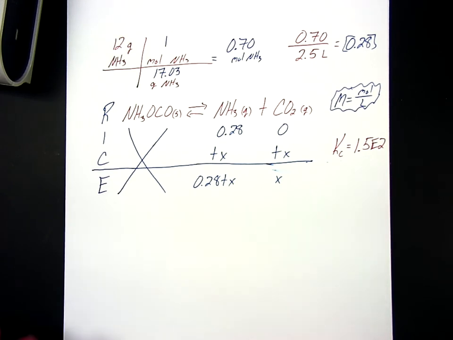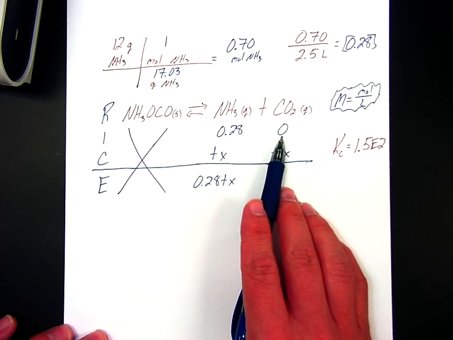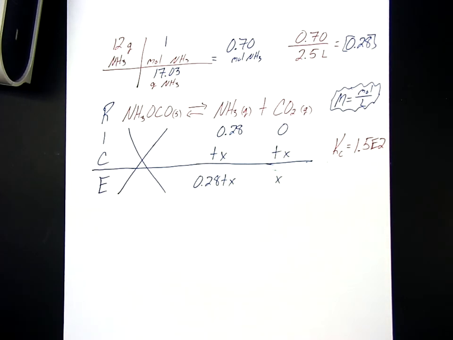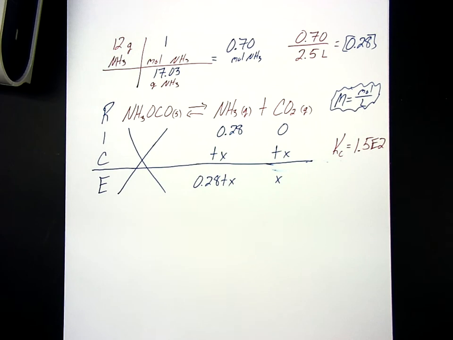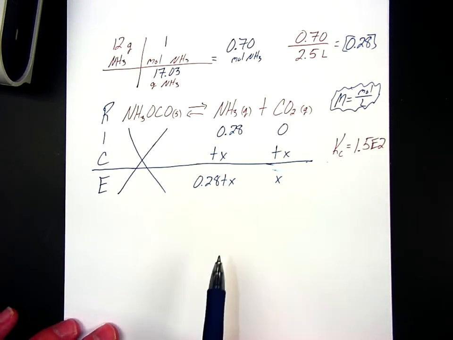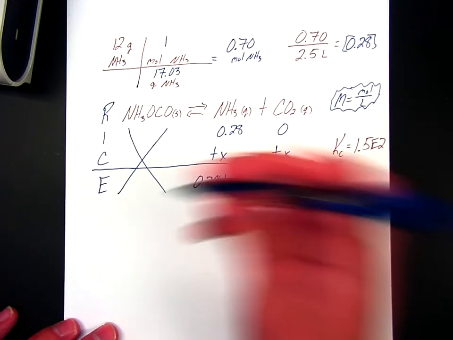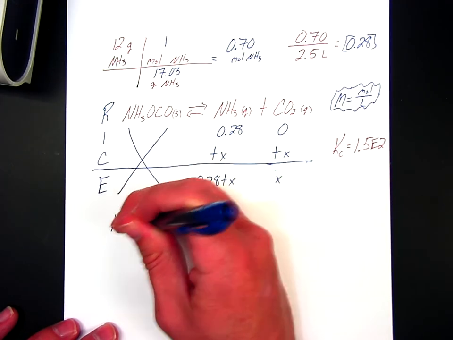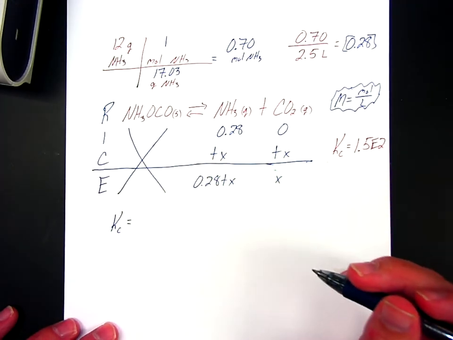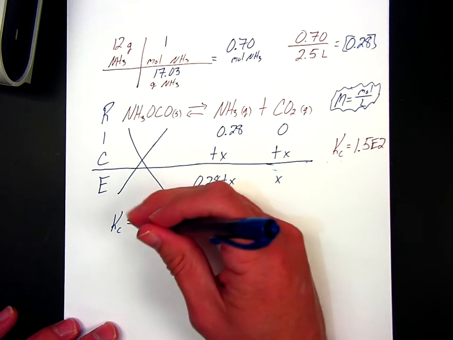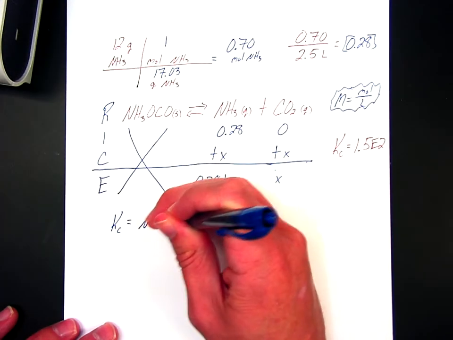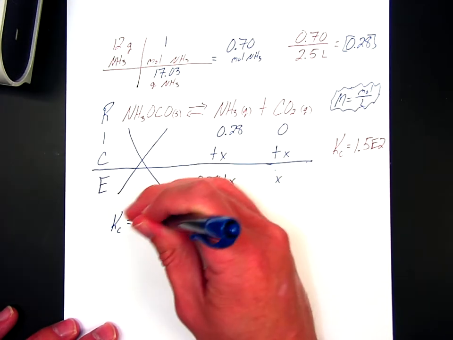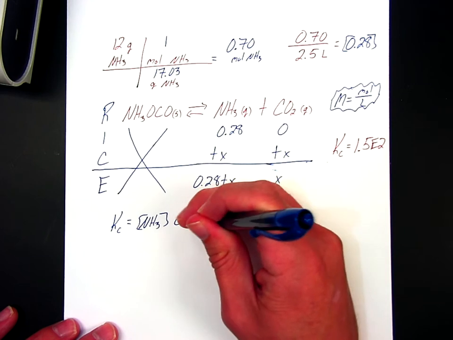So this is not a Le Chatelier problem because of that 0, right? The only way I would need to solve for Q is if I had concentration amounts for everything. So let's set up my unsubstituted equation, which is going to be Kc is going to equal NH3 concentration and the CO2 concentration.